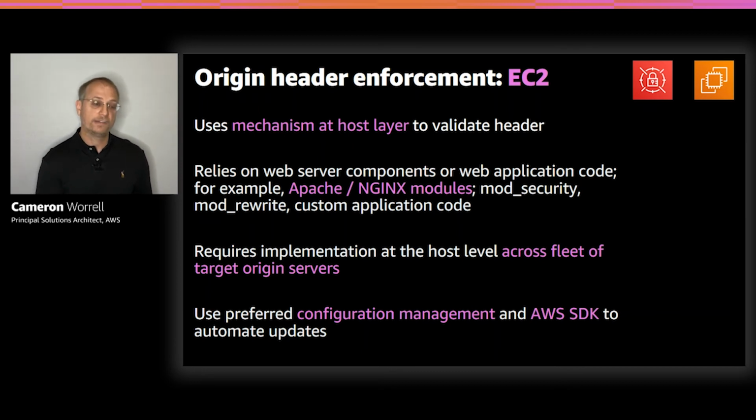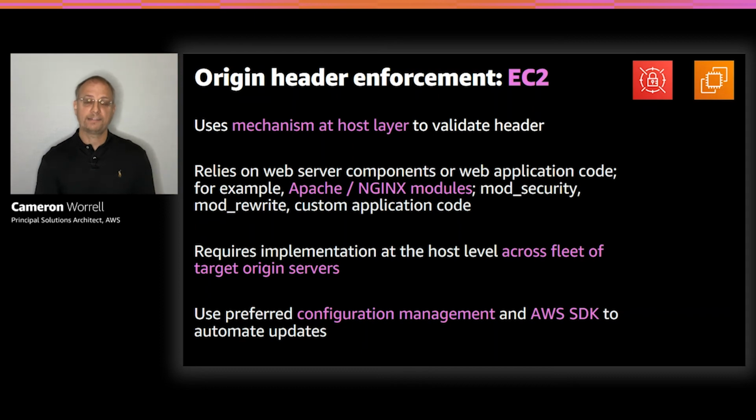Again, of course, this is not the optimal approach. It is something that you may want to look at, but you would have to figure out the pattern for managing this at scale, run configuration management to push this out across your fleet, or merge the functionality of verification into your code, into your deployment pipelines.